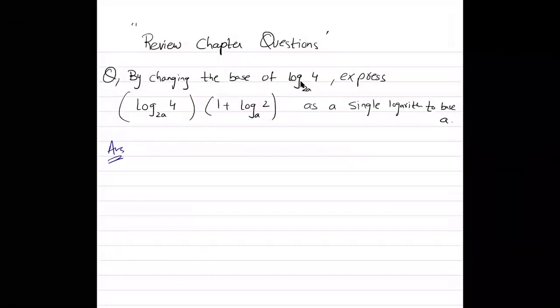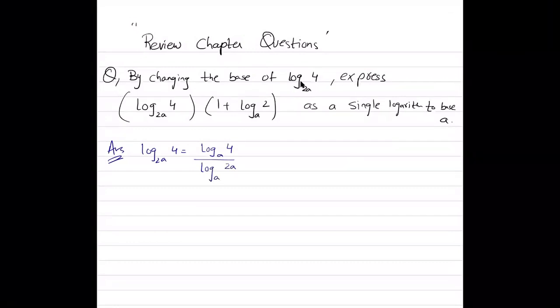Yeah, sir. So I'm going to change log 2a of 4 and convert it to log to the base a. So I'm going to take log to the base a of 4 divided by log to the base a of 2a.